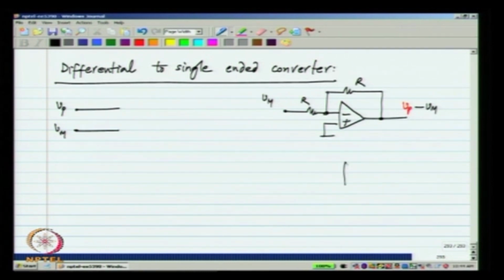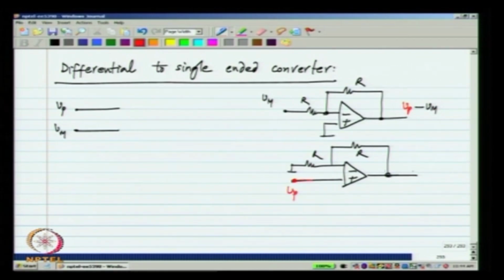So, let me take the same circuit and use the non-inverting version instead. The circuit is the same, except that I have applied the input here. Now, what do I get? I know that the gain is 1 plus this resistance divided by that resistance. Remember, for gain k we used to have R and k minus 1 R over here, and k minus 1 R equals R. So, k equals 2. So, here I get 2 times Vp, but what I wanted was Vp.